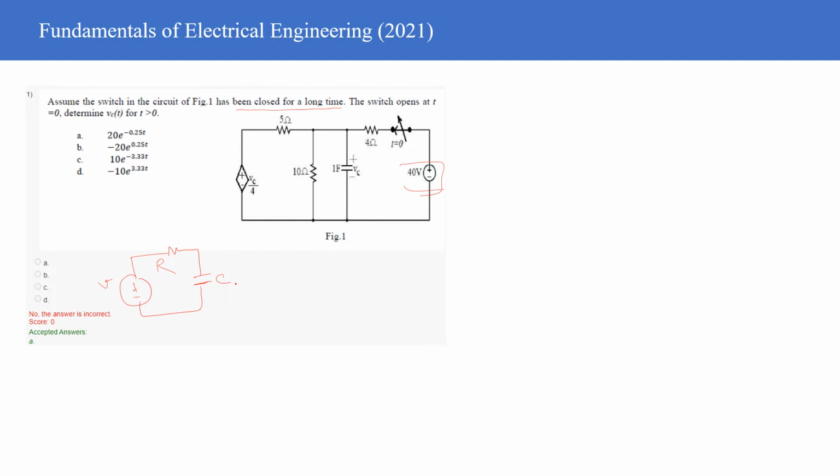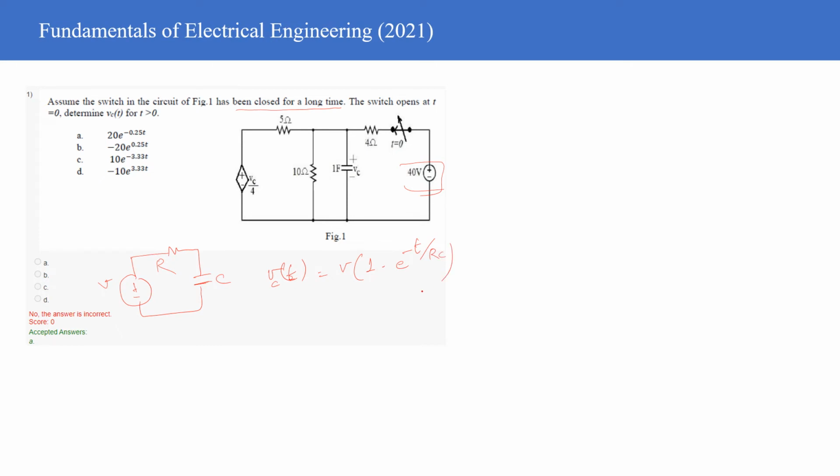So let me just, so the voltage here is going to be given as V_C as a function of time, V_C = V(1 - e^(-t/RC)), right?